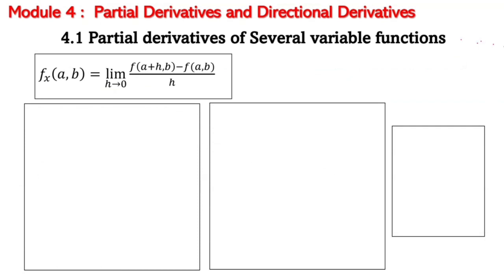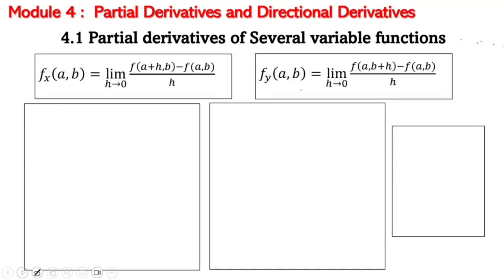So before doing that, we will recall the definition. So f_x(a,b) can be written as limit h tends to 0 of f(a+h, b) minus f(a,b) over h. Same way, f_y(a,b) is equal to the limit of f(a, b+h) minus f(a,b) over h. So this is the partial derivative at the point (a,b). So now in this case it is (0,0), so a equals 0, b equals 0.